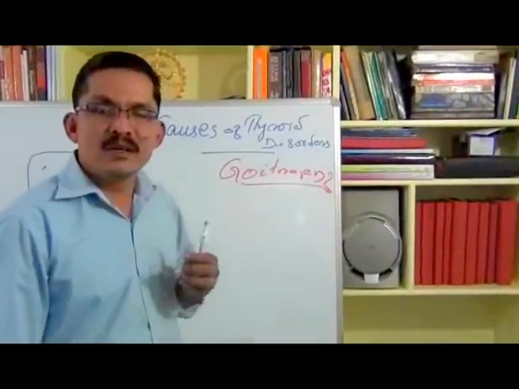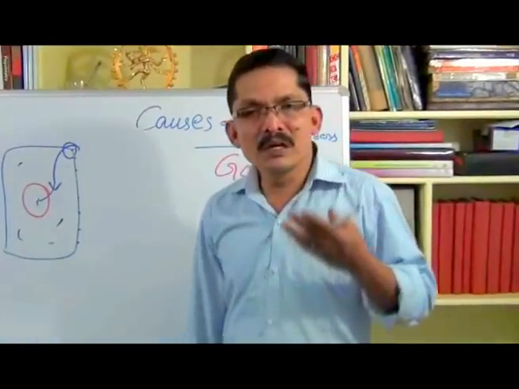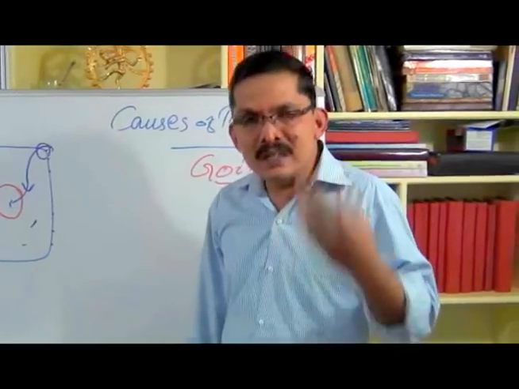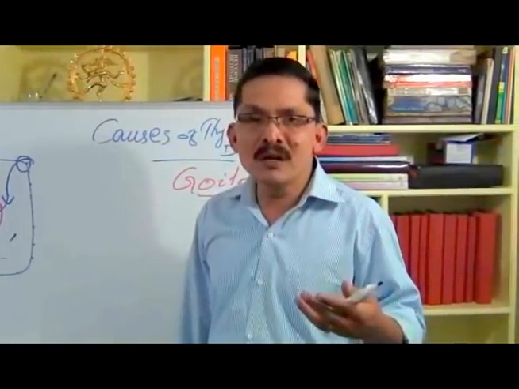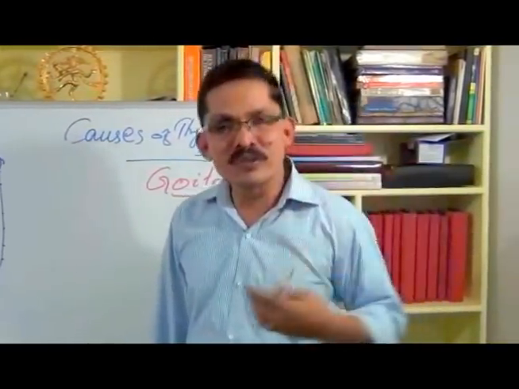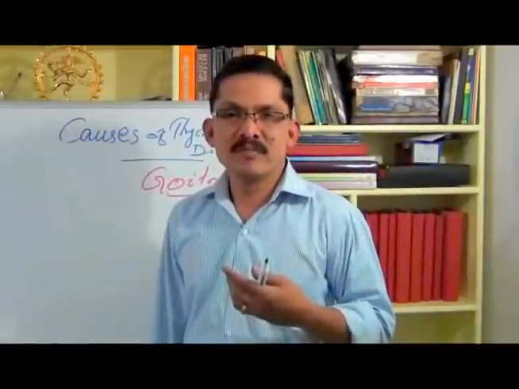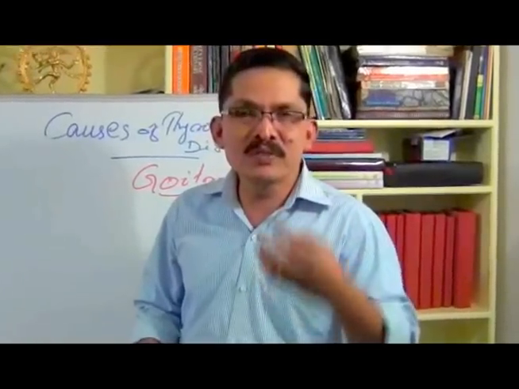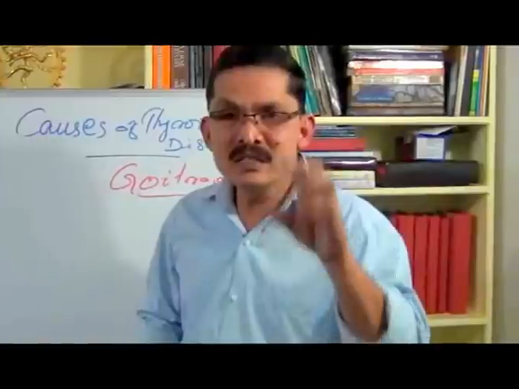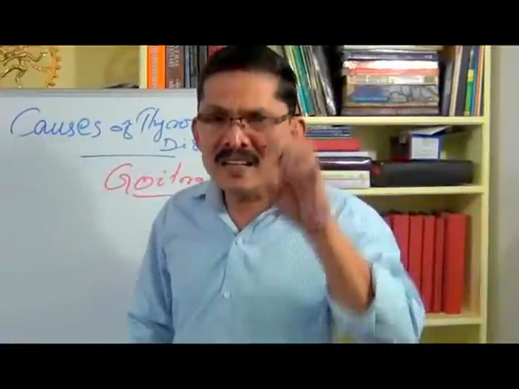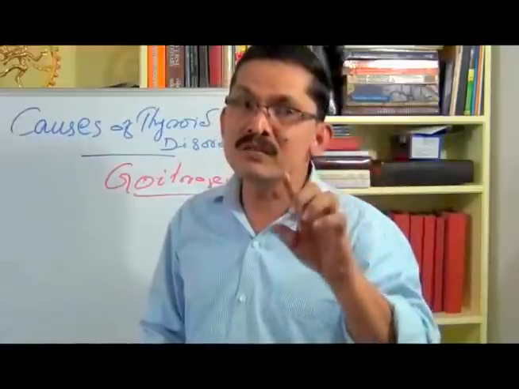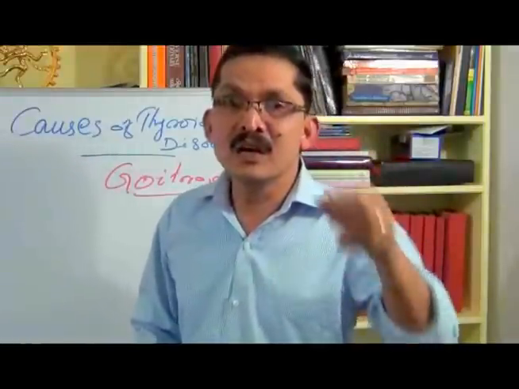What do we mean by a goitrogen or a goiter? Goiter is nothing but abnormal proliferation of the tissues. So here, abnormal enlargement of the thyroid gland is known as goiter. And at the same time, some substances or some types of food act as goitrogens.